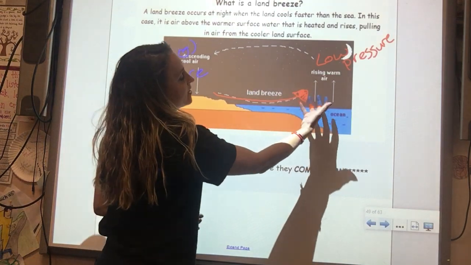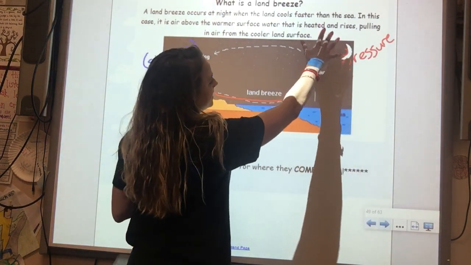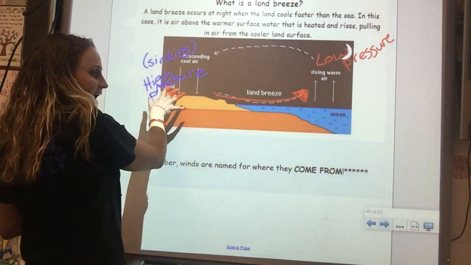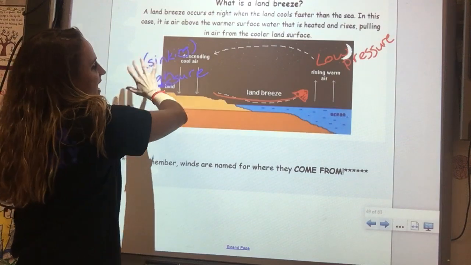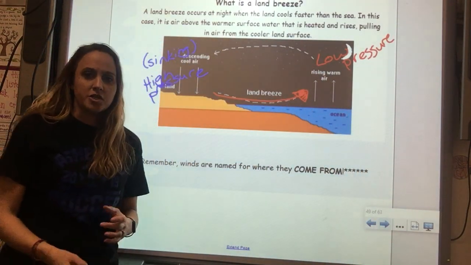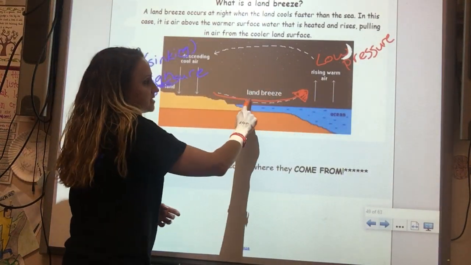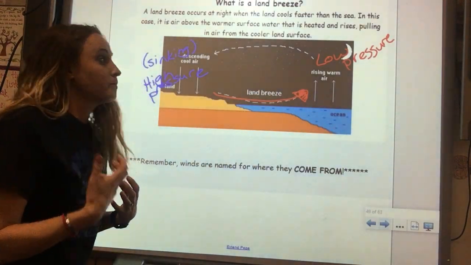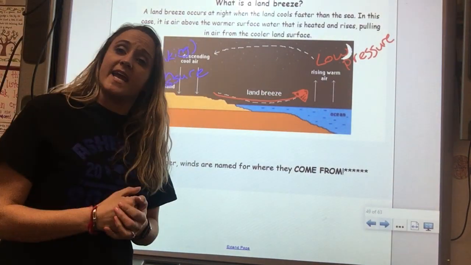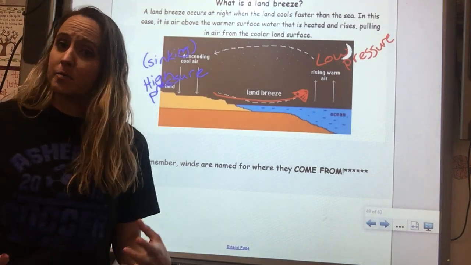The warm air is now over the ocean, so it rises, creating low pressure, and then that cool sinking air is over the land, and it blows out towards the ocean. It's coming from the land to the sea, which means it is a land breeze, okay? So during the day, you have a sea breeze. During the evening, you have a land breeze.